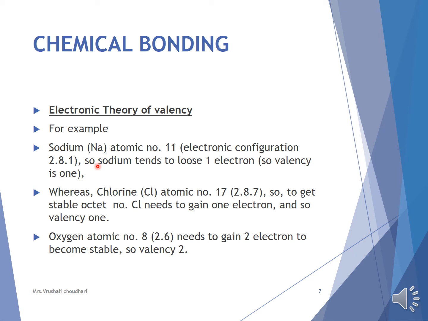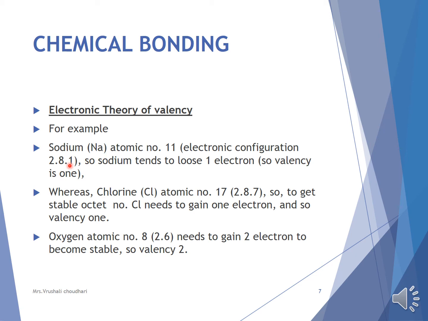We will consider the sodium atom, denoted as Na. Atomic number is 11, meaning a total of 11 electrons are present. So the configuration is 2, 8, 1. The first orbit contains 2 electrons, the second orbit 8 electrons, and the third orbit 1 electron.